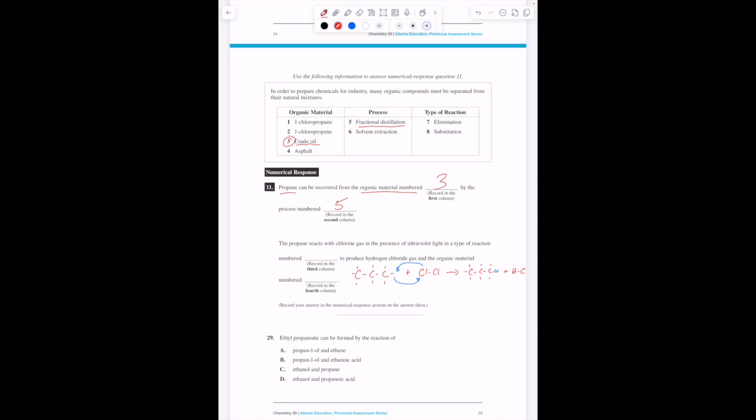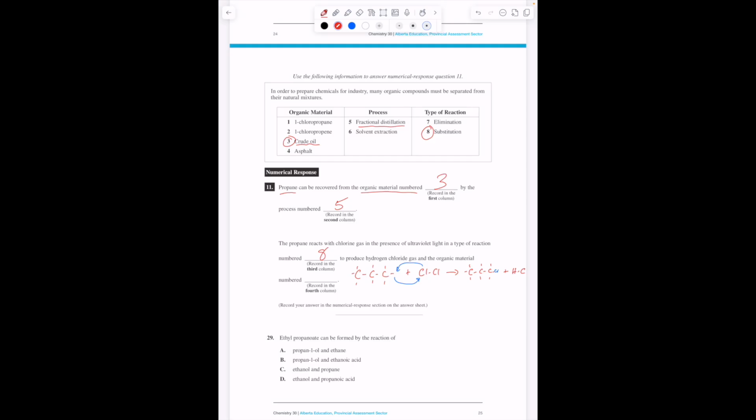Propane reacts with chlorine gas in a type of reaction numbered. It has to be a substitution reaction, number 8. It's not an addition reaction.